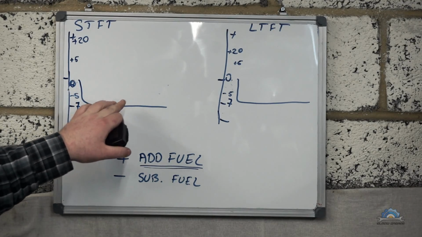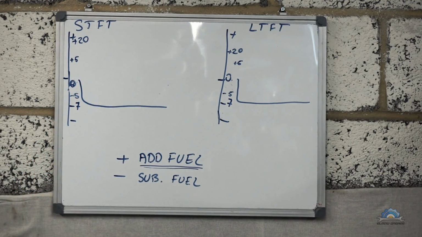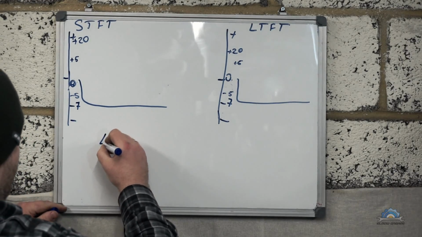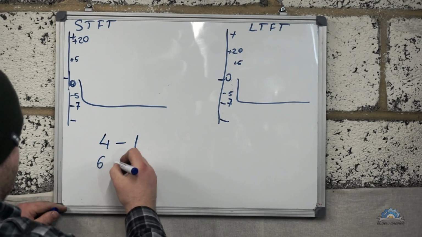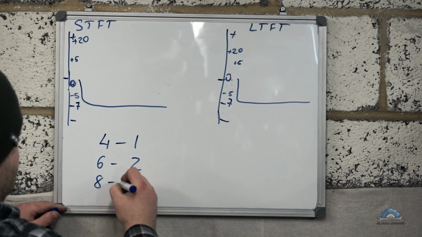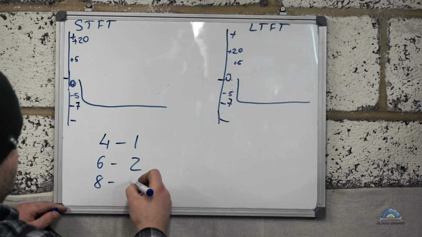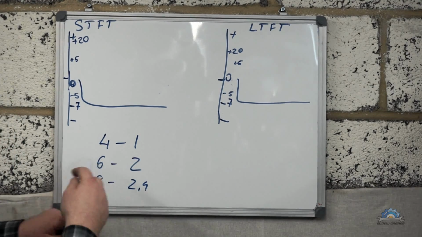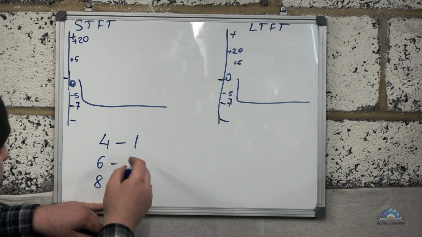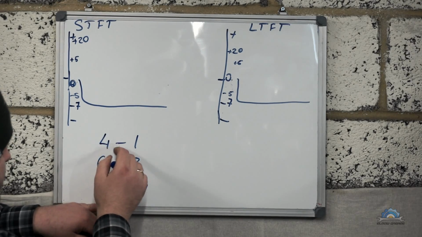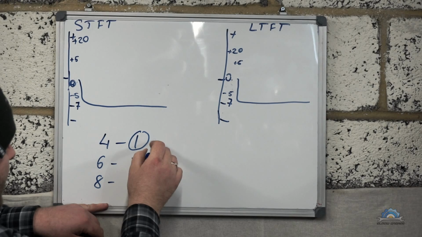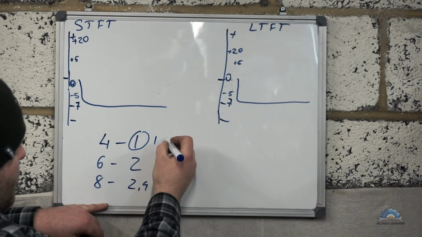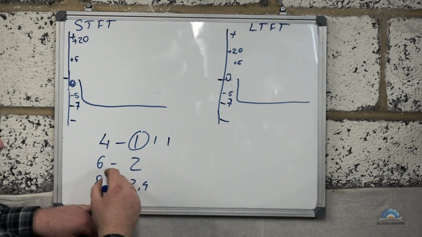If you have different readings on different banks, for example, usually a 4-cylinder car has one bank, a 6-cylinder car has two banks, an 8-cylinder car or engine might have 2 or 4 banks. That's why they divided into banks, because if we have 4 cylinders, one bank means there's one pre-cat sensor and one post-cat sensor.